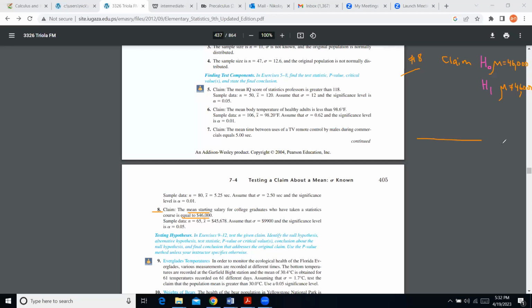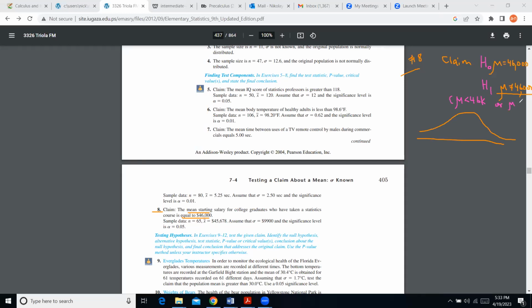And then we'll make a picture of this by using the fact that we have a two-sided hypothesis, because if the mean is not equal, it means it could be either less than 46,000, I can put 46K, or greater.